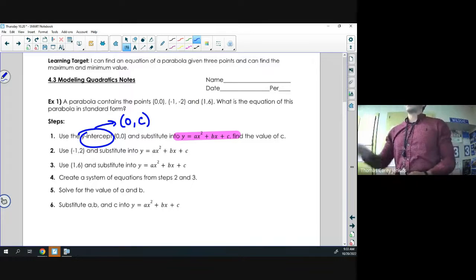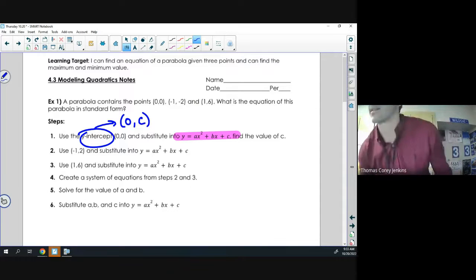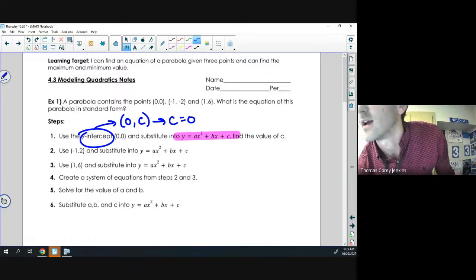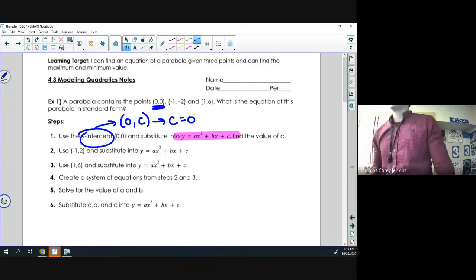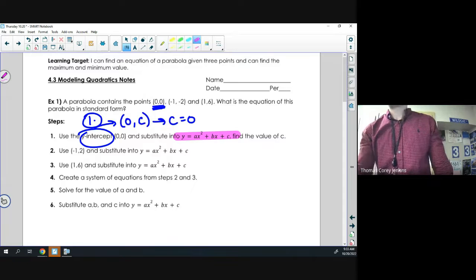Anytime x equals 0, your y value is c. So just from that definition, we can tell that c equals 0, looking at that point there. So we've already done step one, and we will use that at the end.